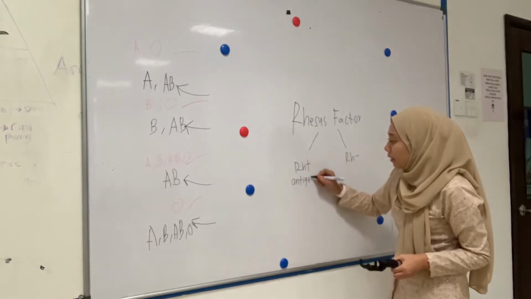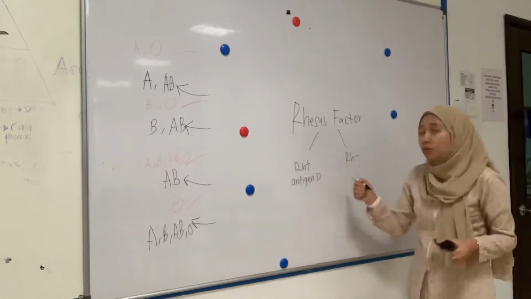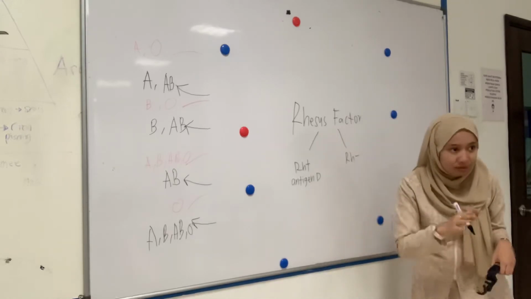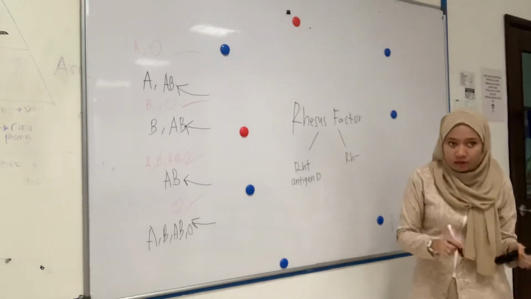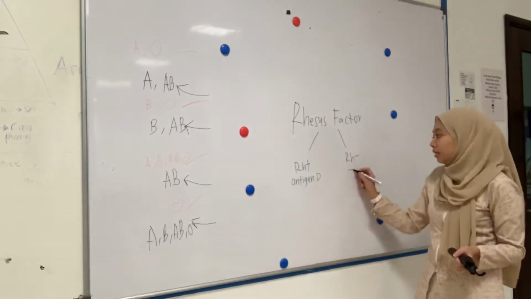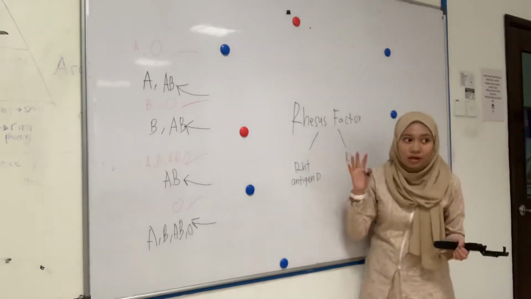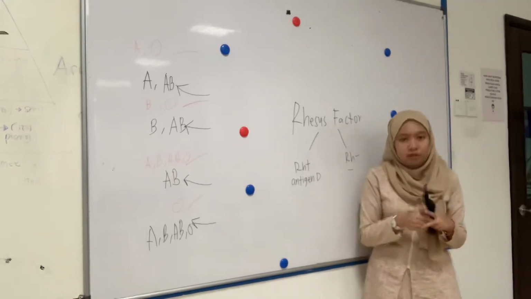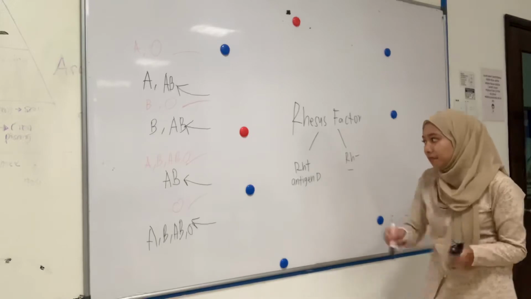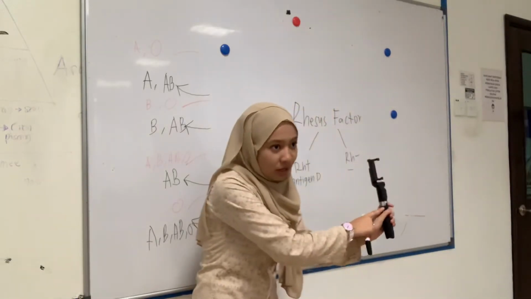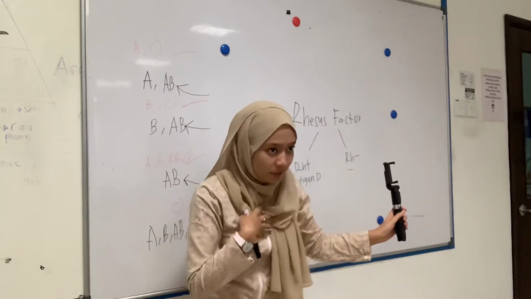For an individual with rhesus negative, on their red blood cells, they don't have any extra antigen. So it means that no antigen D is present on the surface of the red blood cell. That's what makes rhesus positive and rhesus negative different. So the problem is this: let's say this is a rhesus positive individual and I am a rhesus negative individual.